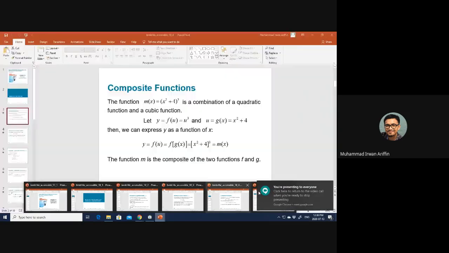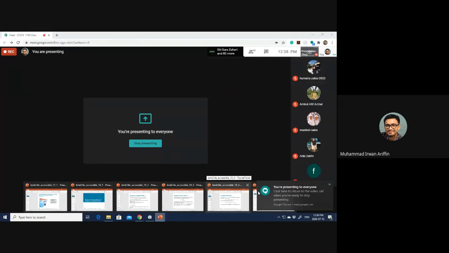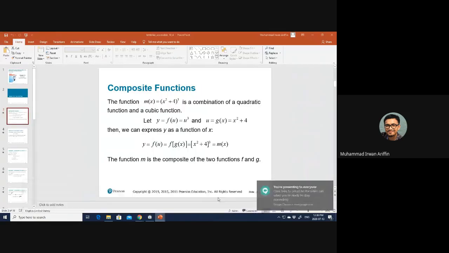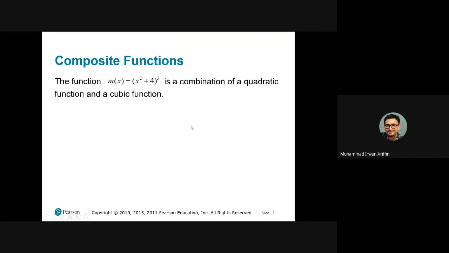So a composite function, like this one. If we have this function, x squared plus 4, to the power of 3, it is actually a combination of what? It is a combination of a quadratic function and a cubic function.